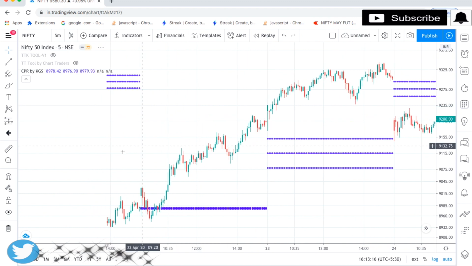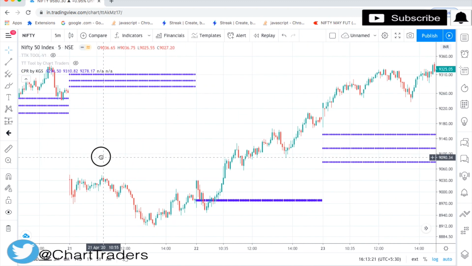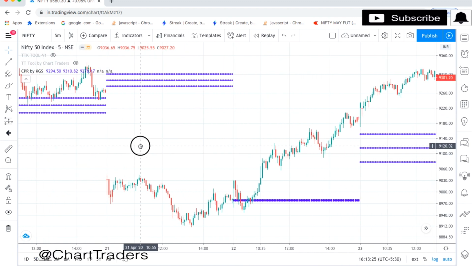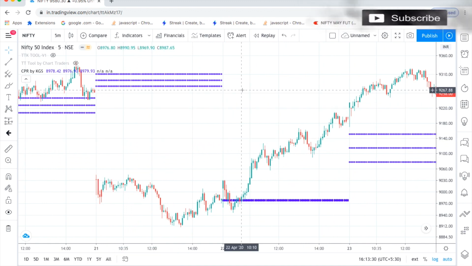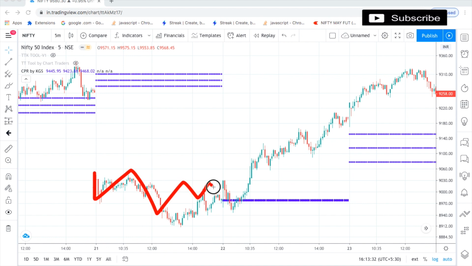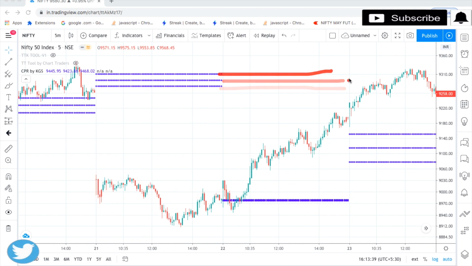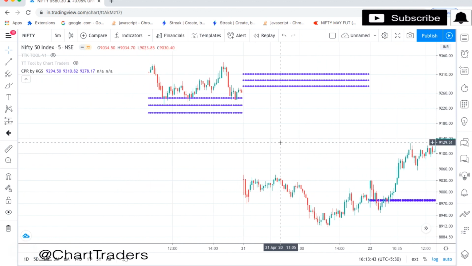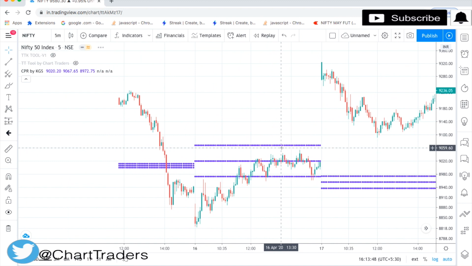Let's see one more example. Here the price is below the CPR level the whole day, but on the next day up to this point, price won't touch this level, because here is a new day. Last example we will see.